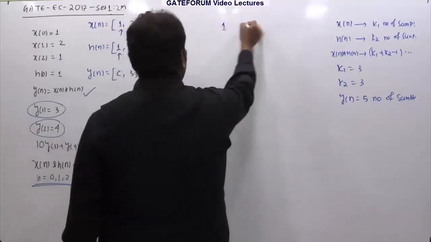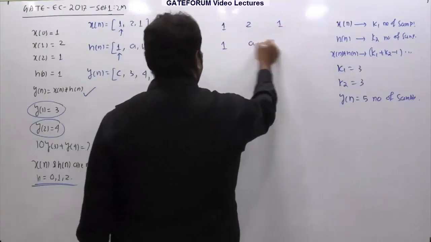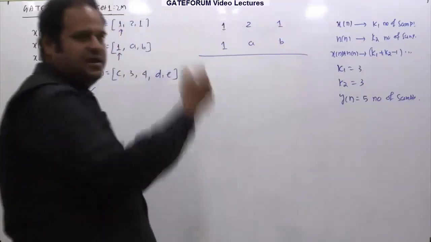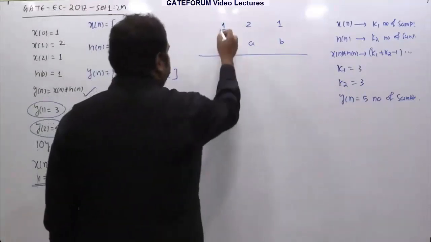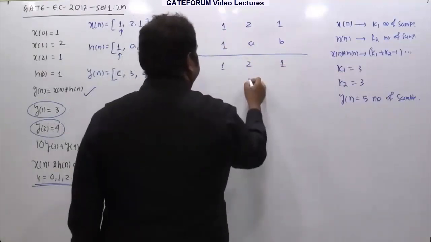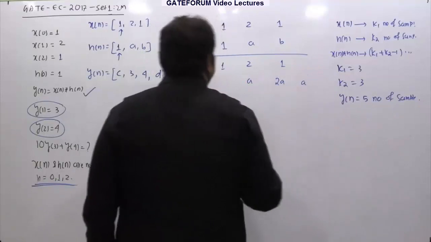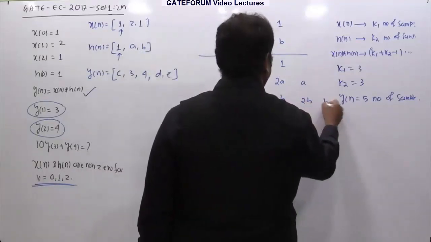It will be 1, 2, 1 convolved with 1, a, b. I hope you know this method of convolution, by the multiplication method or the tabular method, whatever you call it. 1 into 1 is 1, 1 into 2 is 2, 1 into 1 is 1; a into 1 is a, a into 2 is 2a, a into 1 is a; b into 1 is b, b into 2 is 2b, and b into 1 is b.